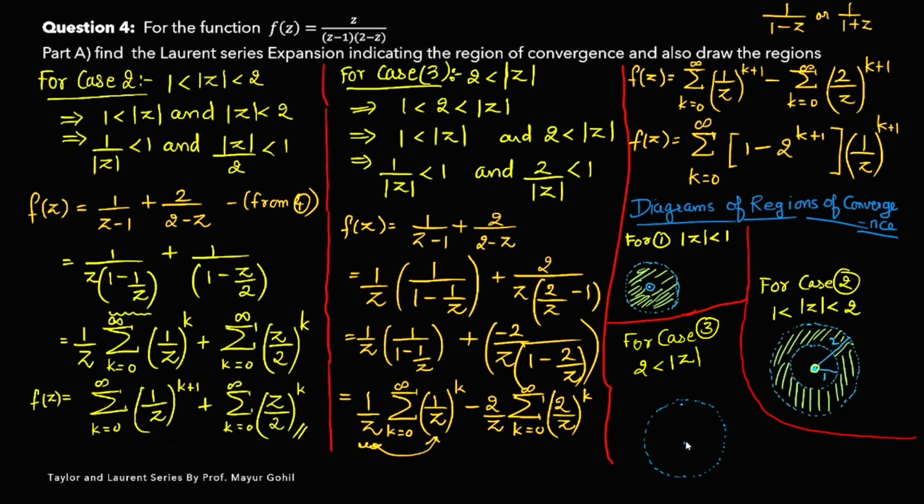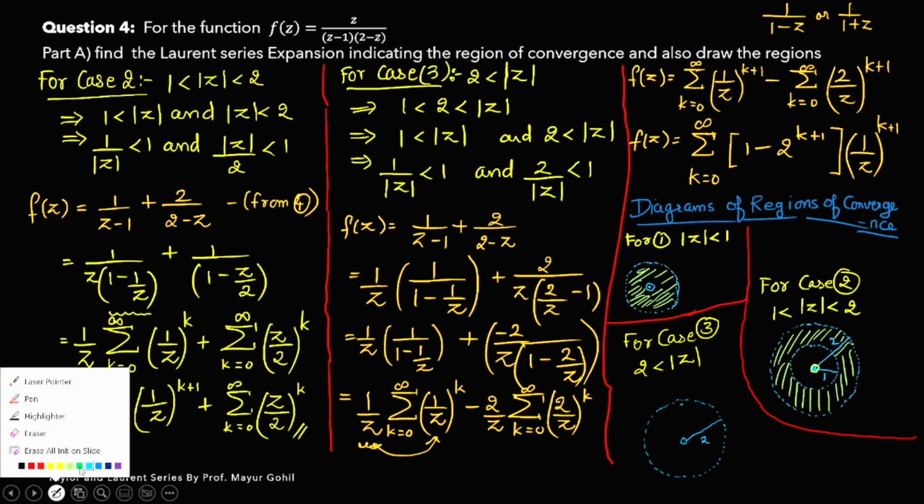Here we put a hollow center, and put the radius as 2. For shading of the region we will have to shade the exterior, so I'm shading with this green color.